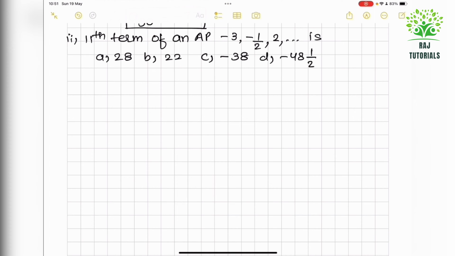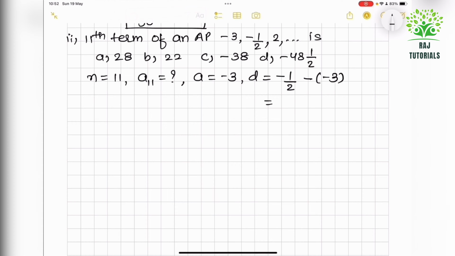So the 11th term means n is 11. A11 I have to find. A is minus 3. D will be minus 1 by 2 minus of minus 3, so it will be minus half plus 3. Doing LCM here, 2 minus 1 plus 6, so 5 by 2.